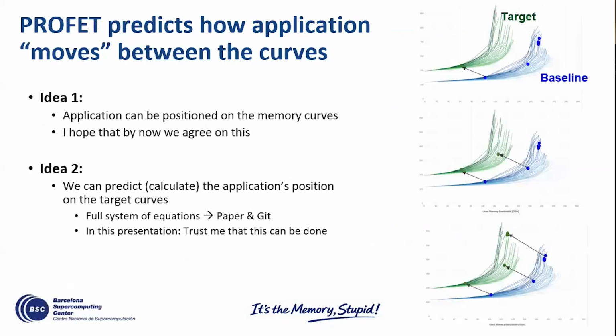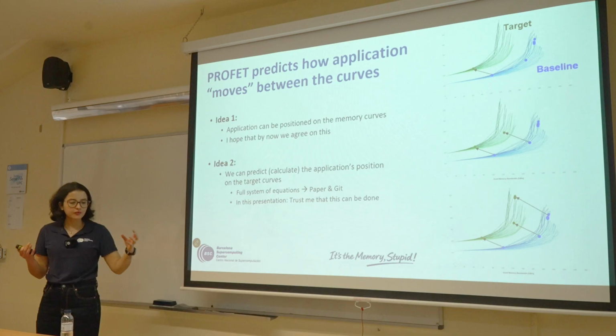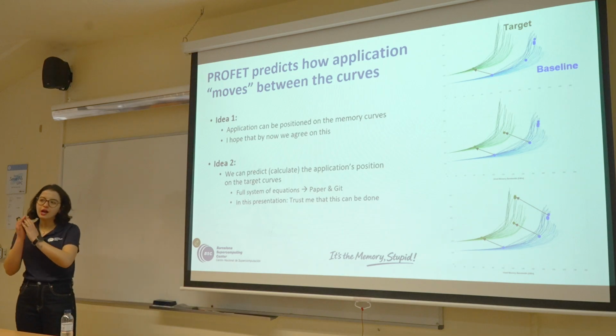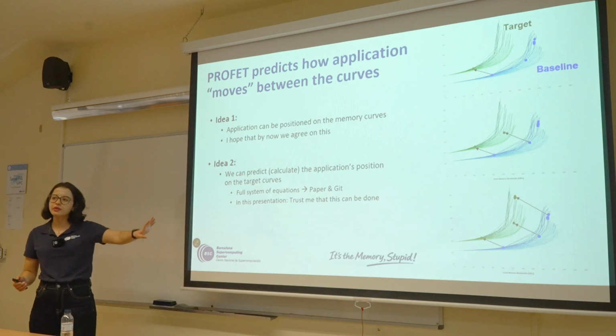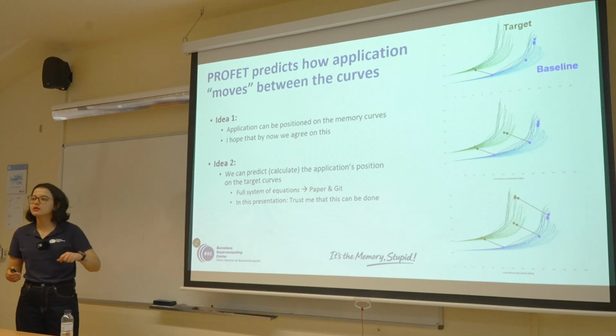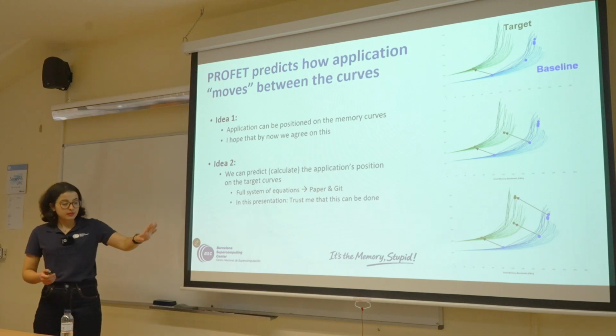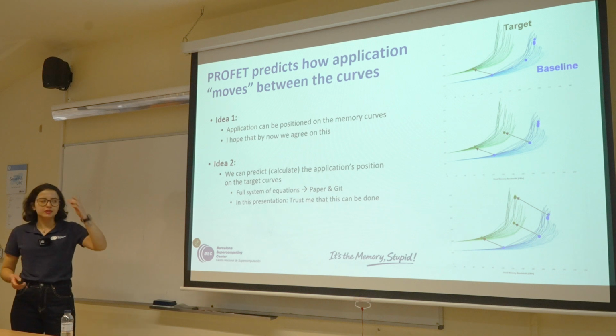And what is the main idea of this system of equations? First idea is we can position the dots on top of the curves. Considering that I have curves that are my system profiling, and I'm covering all the space of that system profiling, my dots will be somewhere on that curve, considering the read ratio of the dot, considering the bandwidth, but my dot will be somewhere on that baseline curves.